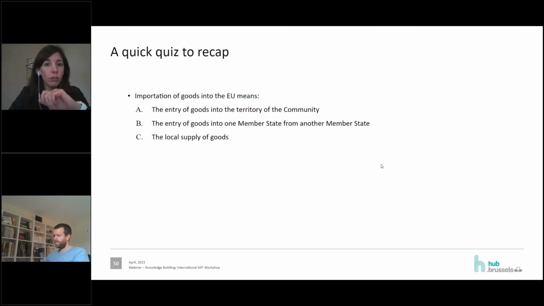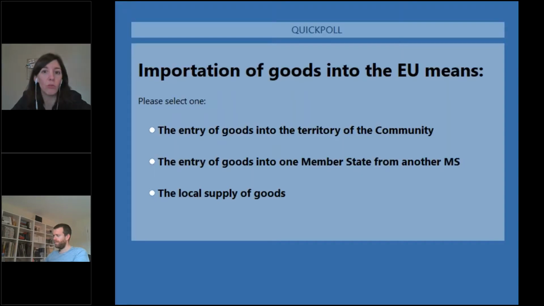Maybe just already a quick quiz. What is an importation of goods? Answer A, the entry of goods into the territory of the community; B, the entry of goods into one member state from another member state; or C, a local supply of goods. This is an easy one, I think.